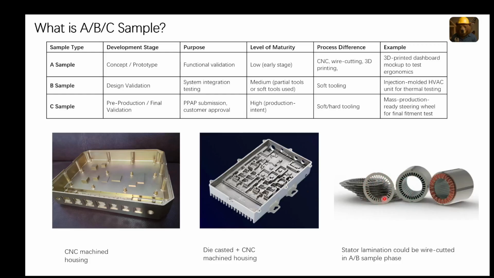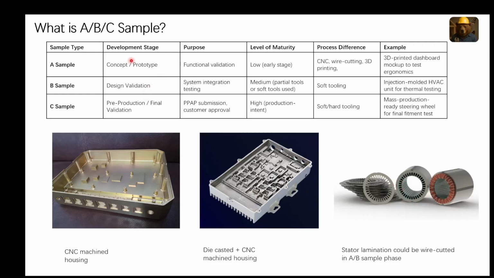The stator lamination in serial production is punched or stamped in the stamping machine, and then it's riveted together or automatically done to make the lamination stack. But in the early sample phase, it could be wire cut each piece, or they do a manual punching tooling. Yeah, it's also possible.